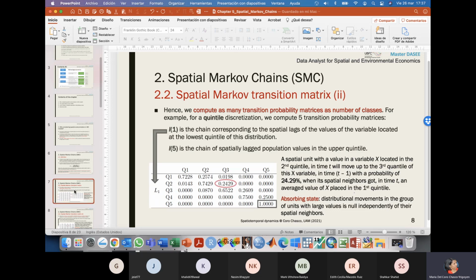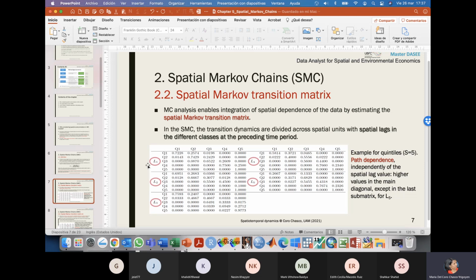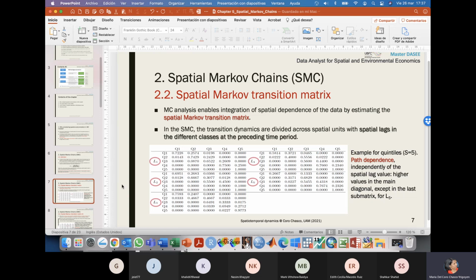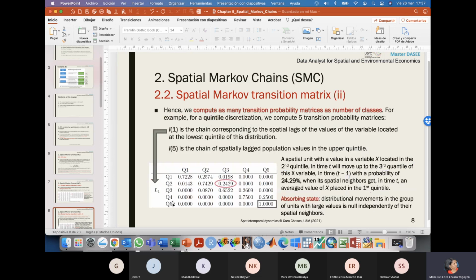These L's here are the values of the neighbors in a first moment of time. And this is the first one. What I did is extract this first one with small towns around, and the probability of jumping up or down in the distribution along this period of time of 70 years in Chile.